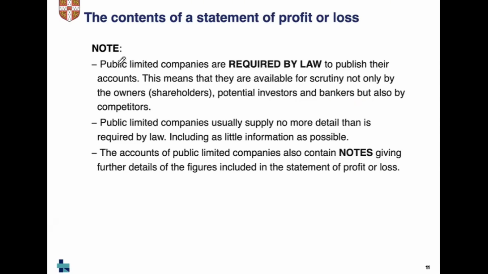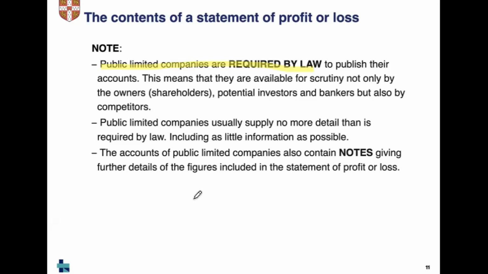So public companies, don't forget, are required by law to publish their accounts. The second point here to note is that public companies usually supply no more detail than is required by law.